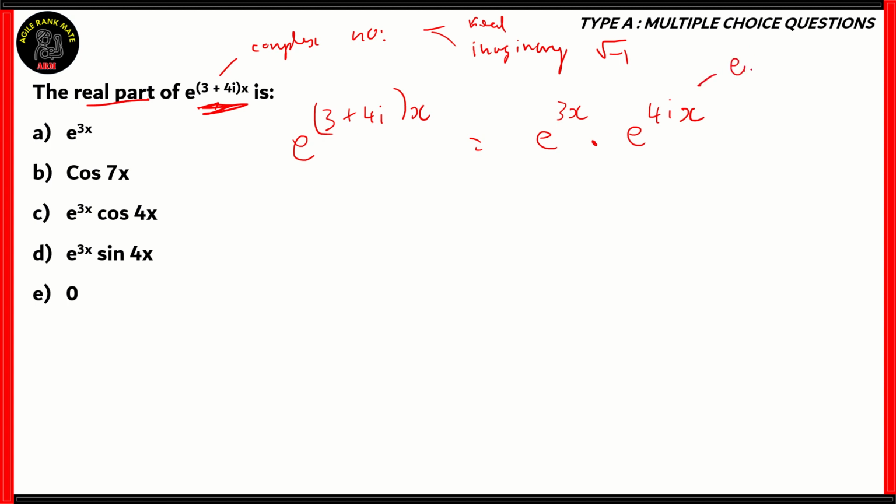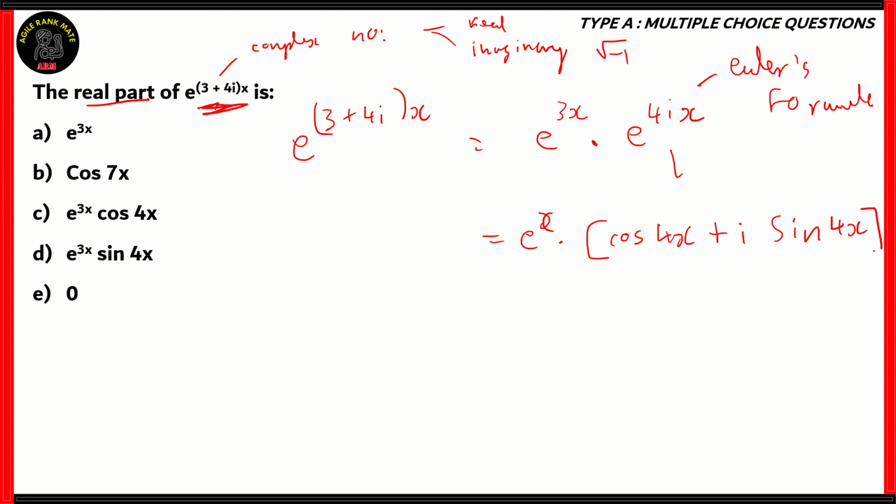So this, according to Euler's formula, can be written down as cos of the x value, which is 4x, plus i times sine of the x value, which is 4x. So e raised to (3 plus 4i) times x becomes e raised to 3x times, in the bracket, cos 4x plus i sine 4x.